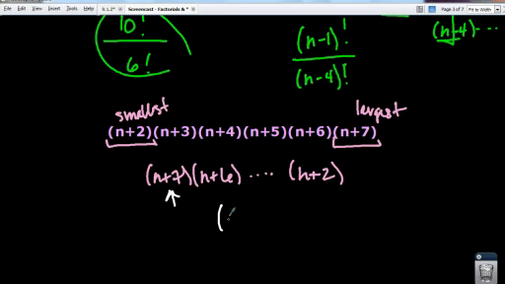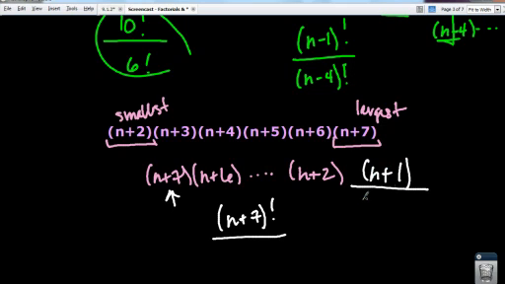Right, n plus 11 is the biggest term in our product. And what would come next? Well, that would be n plus 1, right? That means that it's going to get divided off, as is every value subsequently, occurring after n plus 1. So in the denominator, we have to put n plus 1.